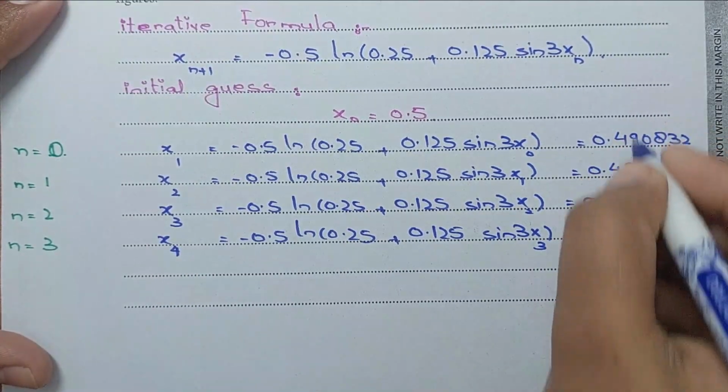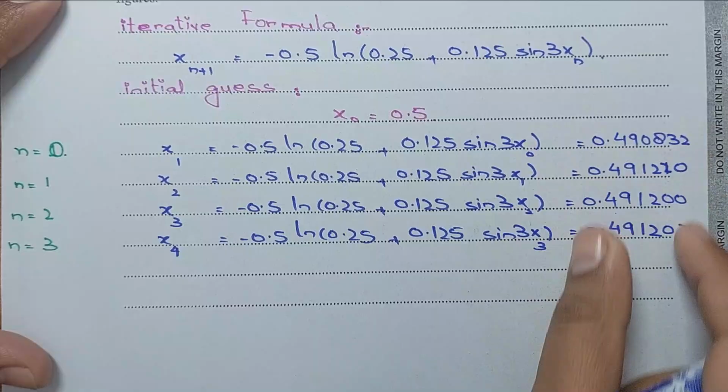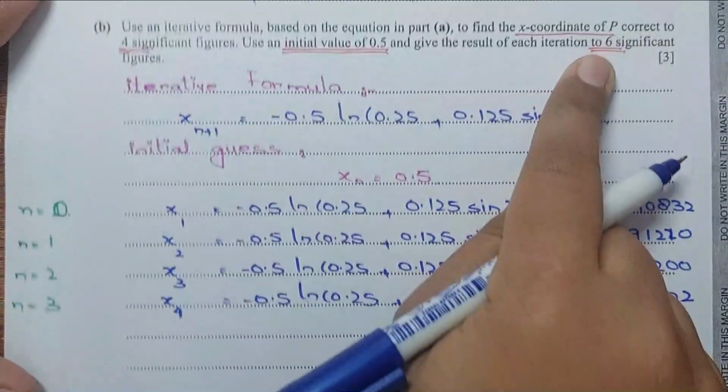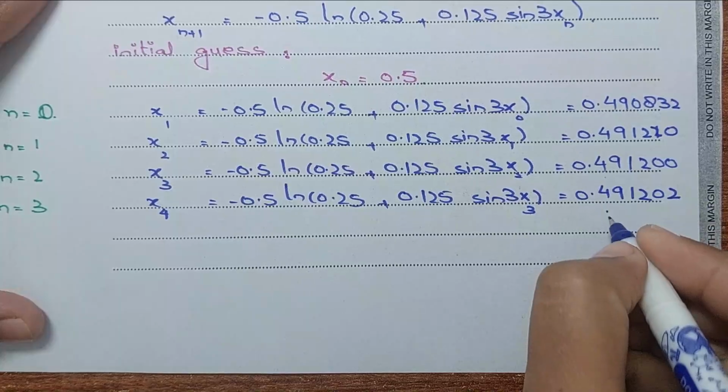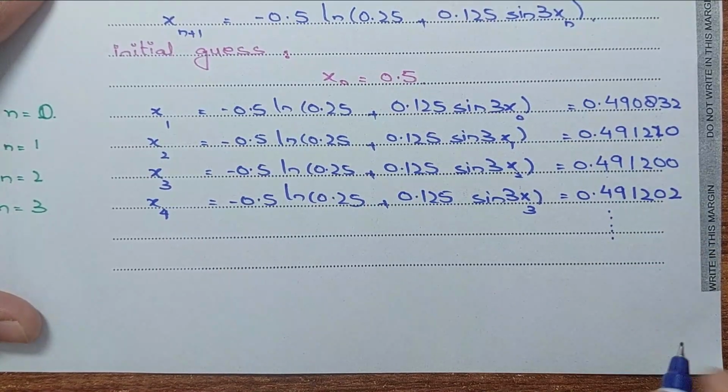Now these are the iterations, the results of the iterations in 6 significant figures. We need to figure out the x in 4 significant figures. Now we can easily guess the value of x, right?